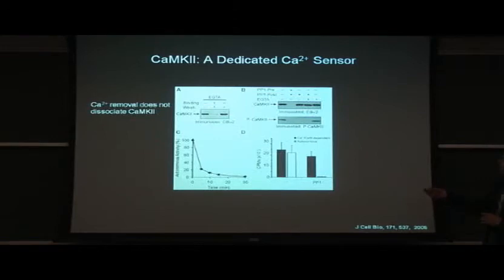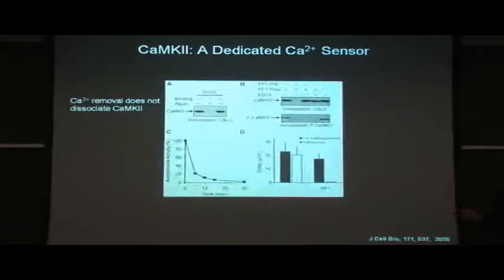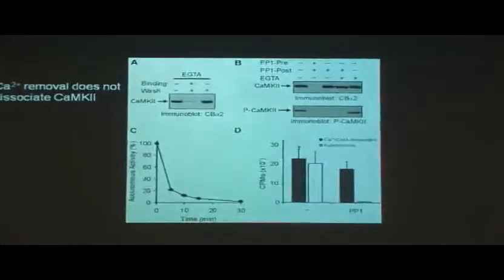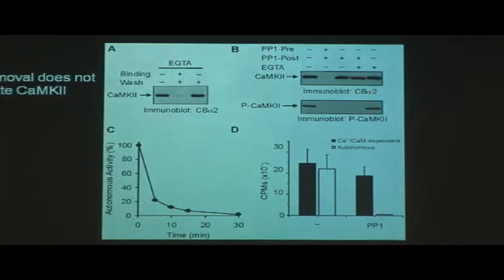So first of all, it looks like once you remove calcium, so I showed you before that calcium calmodulin was important for allowing the kinase to interact with the channel, but once you remove calcium, the kinase can stay bound to the channel. So here are the pull-down experiments using this critical C-terminus as the interaction determinant.